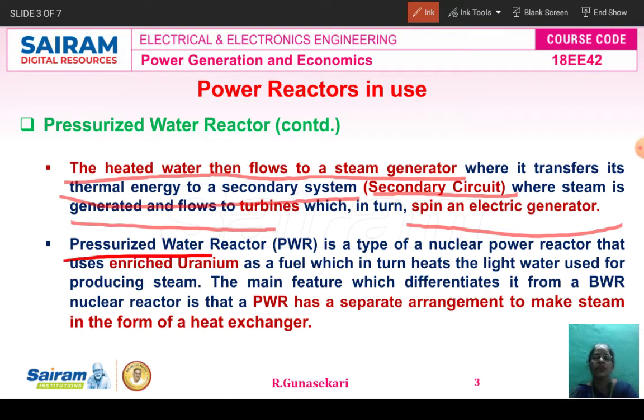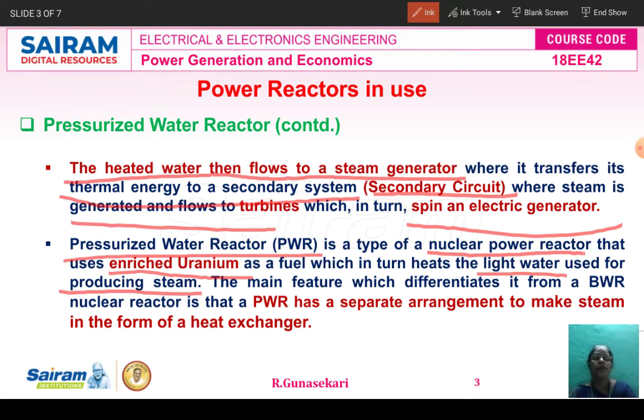The pressurized water reactor is a type of nuclear power reactor which uses enriched uranium as fuel, which in turn heats the light water used for producing the steam.